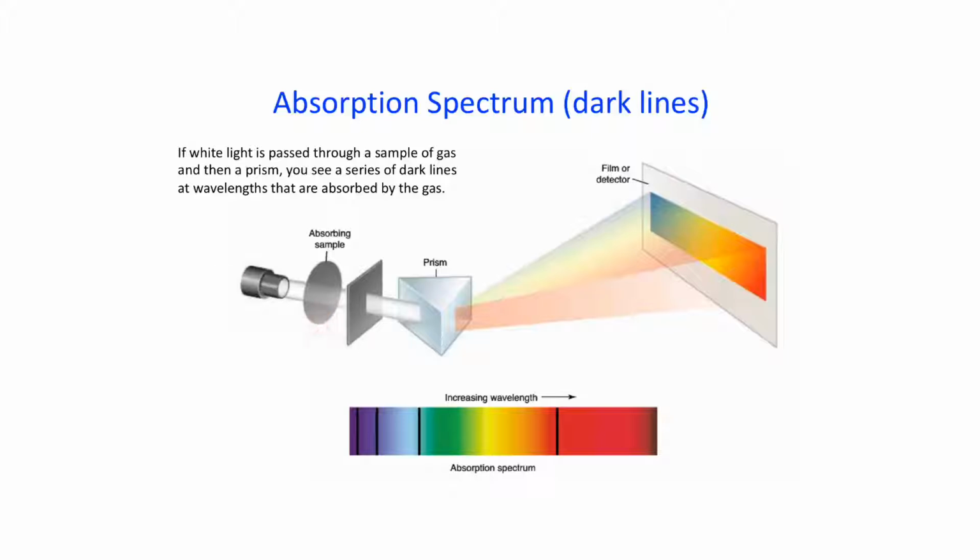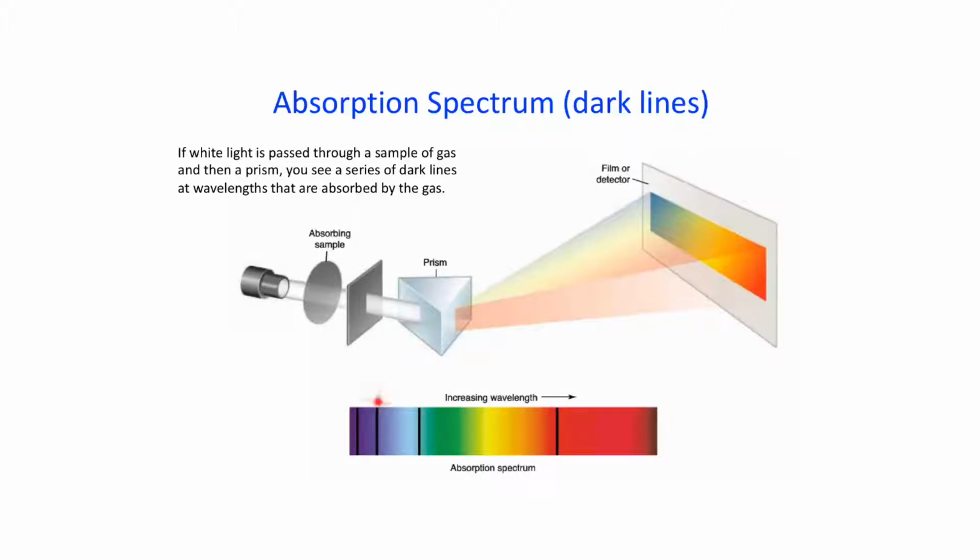As the light goes through that sample of hydrogen, the hydrogen is going to absorb very specific frequencies, or specific wavelengths, of the light that's coming in. And again, we can use a prism to help us see the different wavelengths of light that are absorbed by that sample of hydrogen. And in this case, instead of seeing bright lines on our detector, we see a bunch of dark lines on the rainbow.